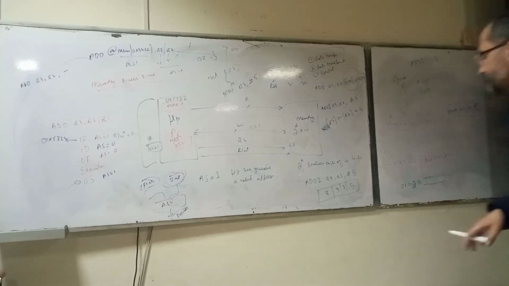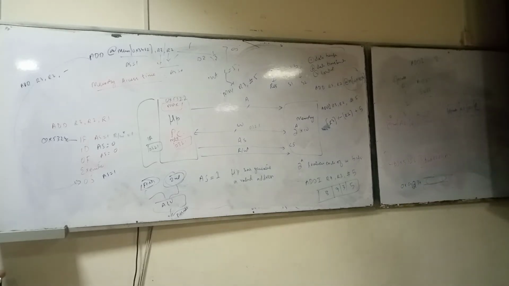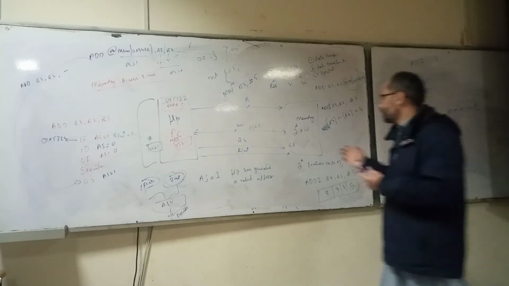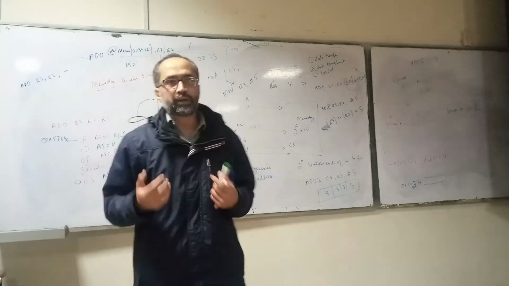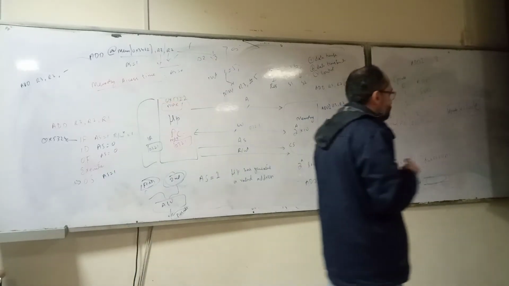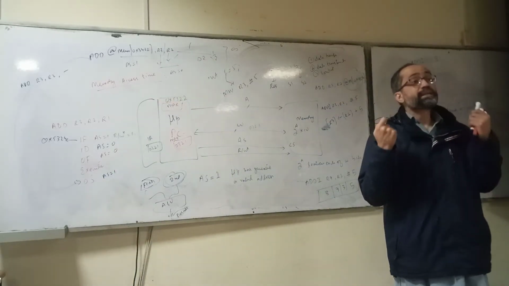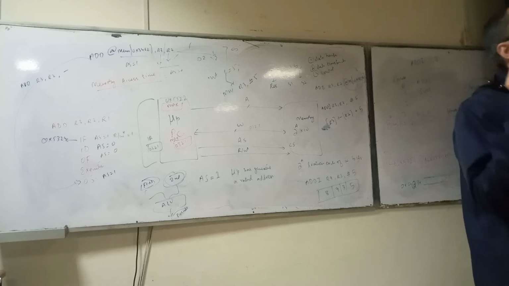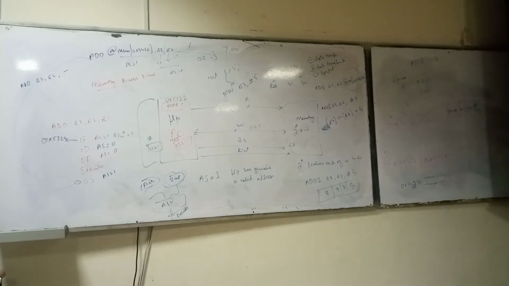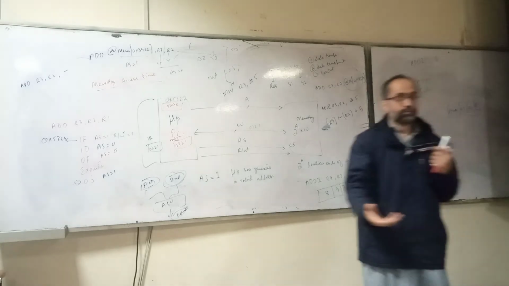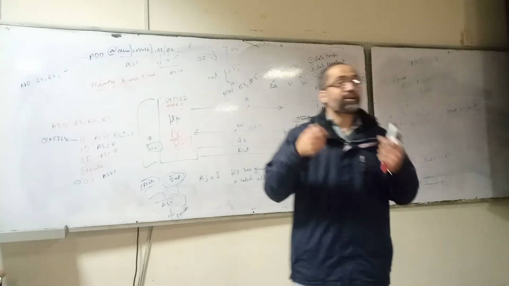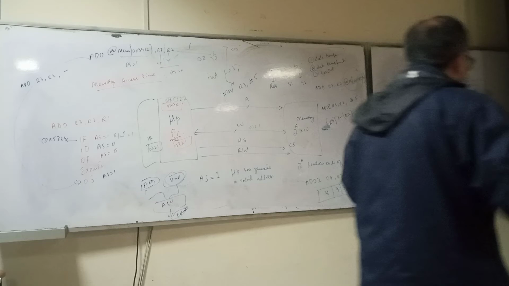Now, in principle, whenever memory is interfaced with the microprocessor, we are always interested in the access time of the memory. The faster we get the data, the faster we can perform the computation. Now there is a complex trade-off.